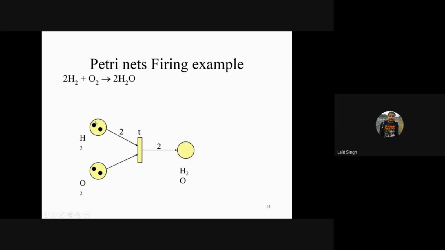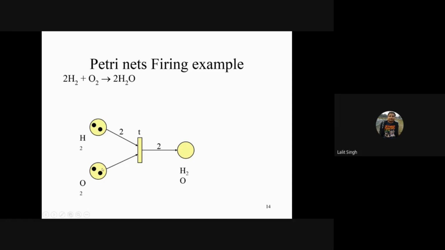The next building block is the small embedded circles inside the places, and these circles are known as tokens. Here I am using these tokens to represent the atoms. For example, hydrogen contains 2 atoms, so I am using 2 tokens.